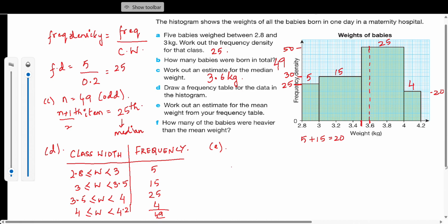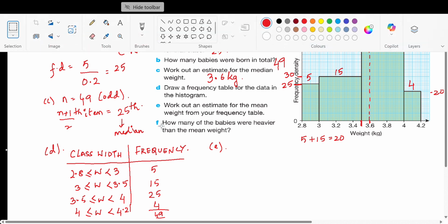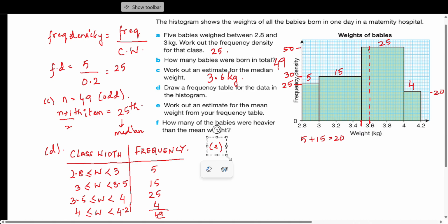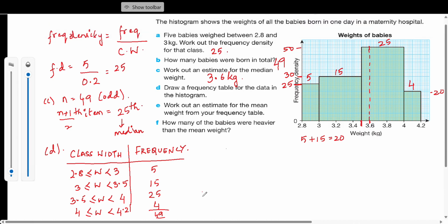For mean from tabular data, we know we need a midpoint column, correct? Because we don't have a singular value representing the data. Instead, we have the entire class interval. If we need a single value representing that, let us take the midpoint. So, I am adding that.